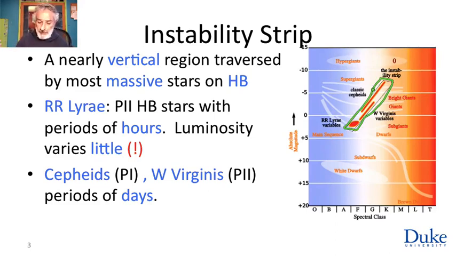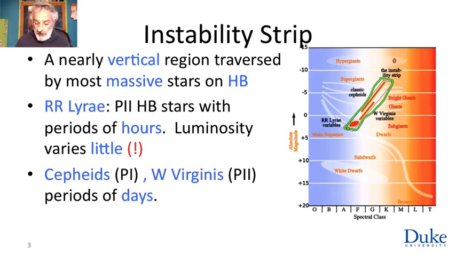It's almost determined by temperature, and most massive stars, the sun will sneak under the instability strip for population 1 stars. There are 3 types of variables in the instability strip. Classic Cepheids, W Virginis variables, which is a fancy way of saying population 2 Cepheid variables, and RR Lyrae variables, which sit in this very narrow region over here.